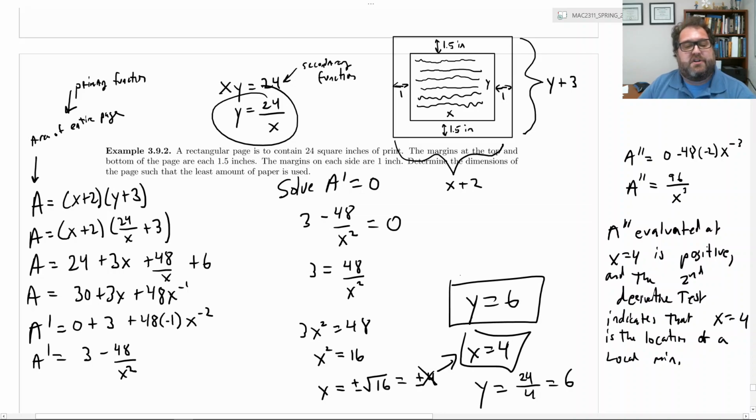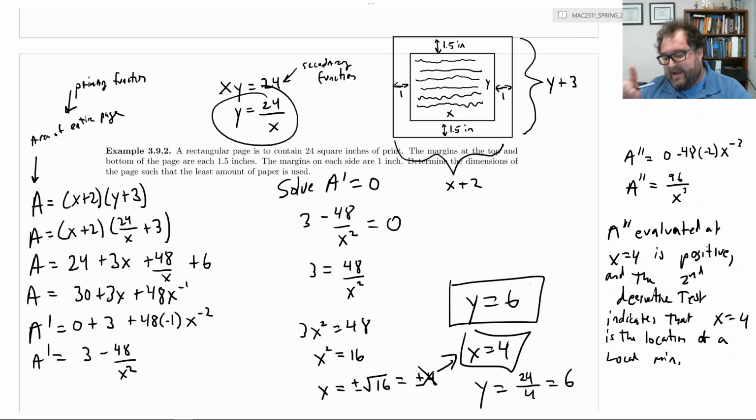So a page that is 4 by 6 optimizes this situation. Oh, no. I was about to double check myself and say, hey, wait a second. I was a few seconds ahead of myself and realized that is not my solution.